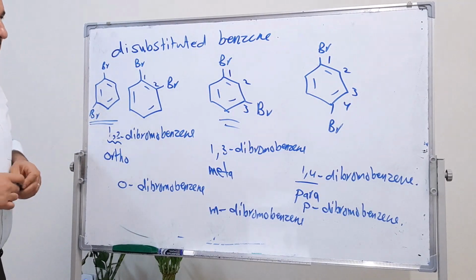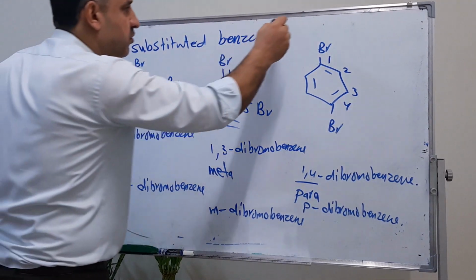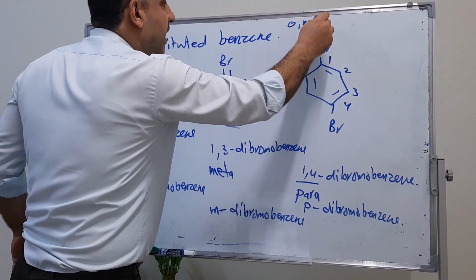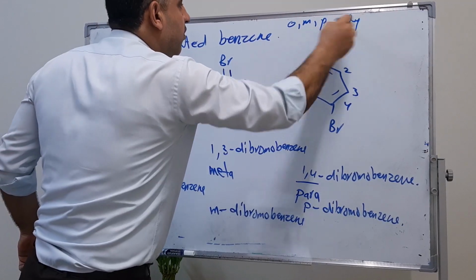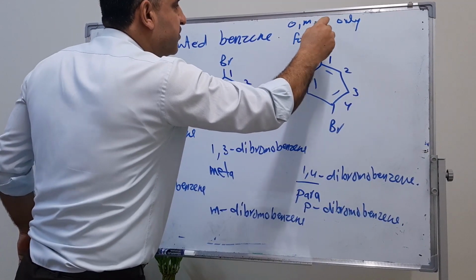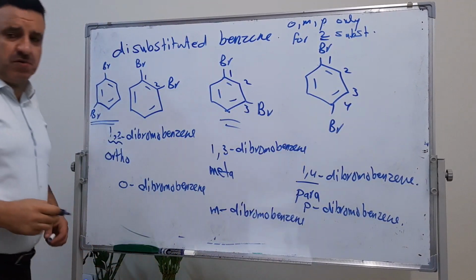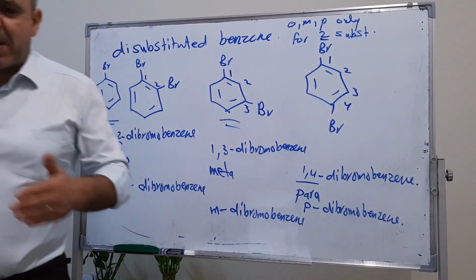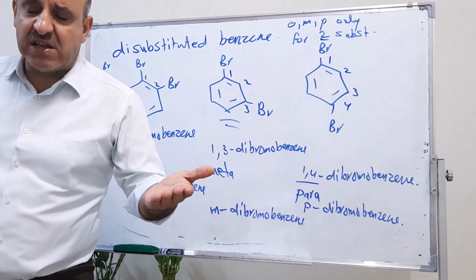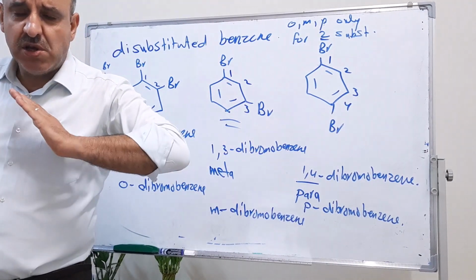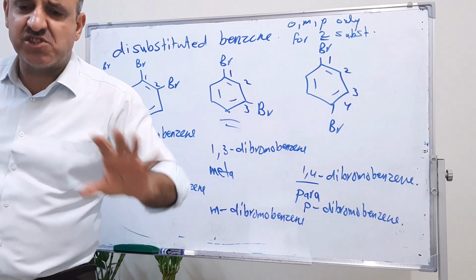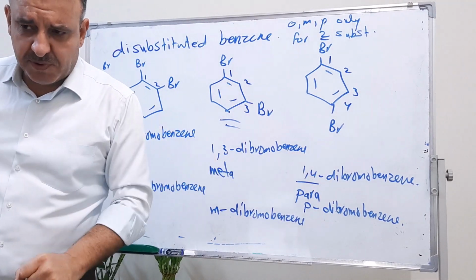Do you follow me? But remember this word, we use ortho, meta, para only in the case of two substituents. Never use ortho, meta, para if you have more than 2. If you have more than 2, stop. Never use it. Just use numbers. Got the point?